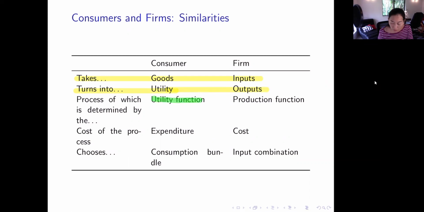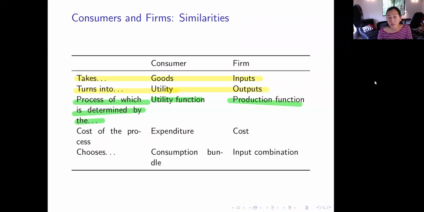For the consumer, the process is determined by the utility function, whereas for the producer, that is going to be the production function.